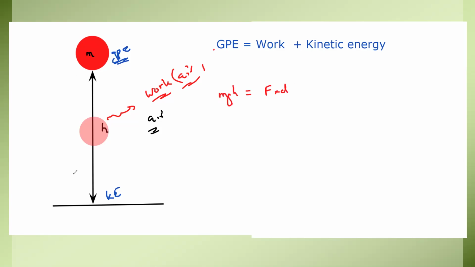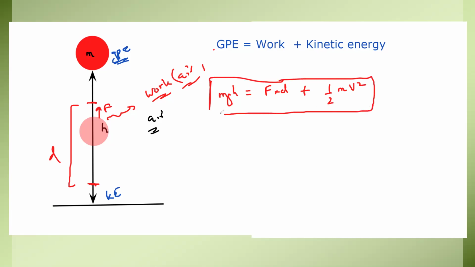If the air resistance was acting through the whole motion, then it will be F into h. But if the air resistance is acting only for a certain part of the motion, say effectively in this region, then I will say that distance is D, and the force of the air resistance is F. So the work done by the air resistance is F into D, plus the kinetic energy, which is half mv square. So we have this formula if there is an air resistance opposing the motion.